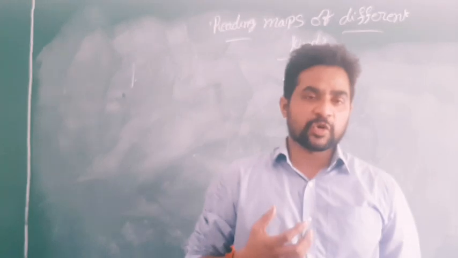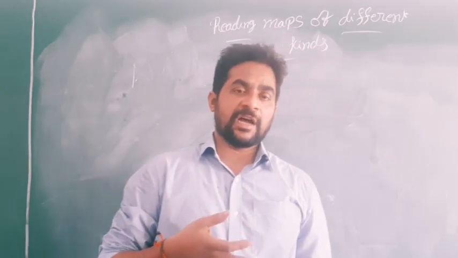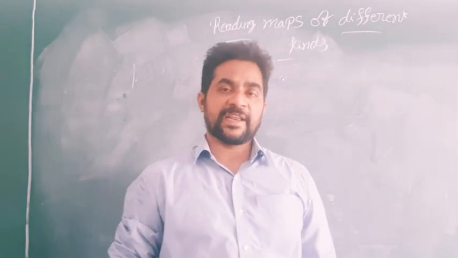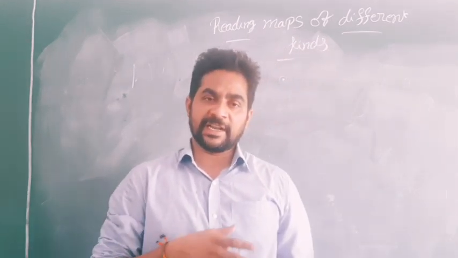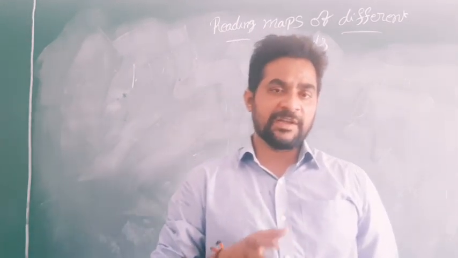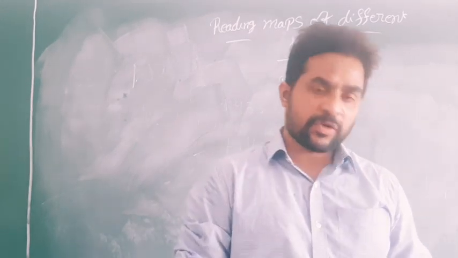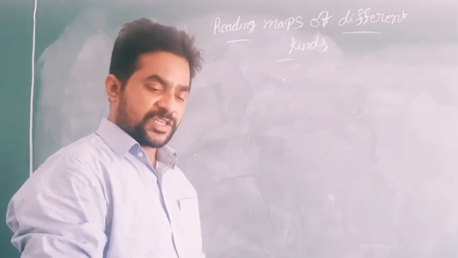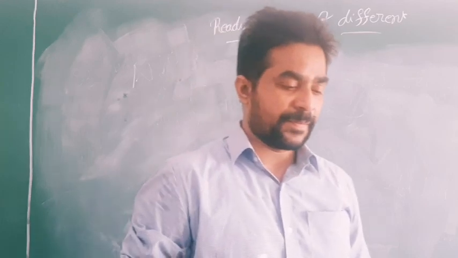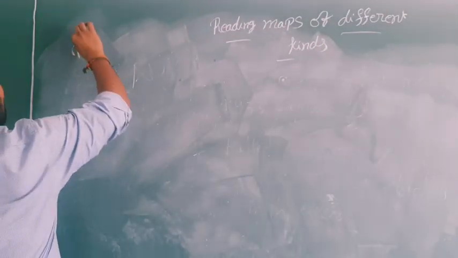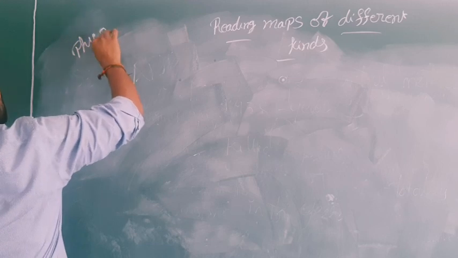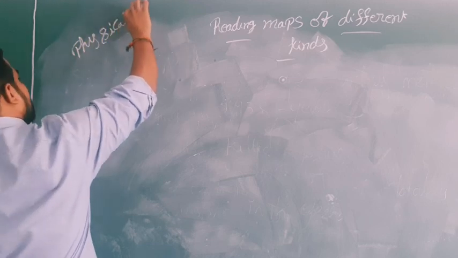Historical maps show how previous rulers ruled, and how much area came under their control, which we studied last year. But in this class we are going to study the physical features of physical maps, what is the use of the map and for what purpose the physical maps are made.